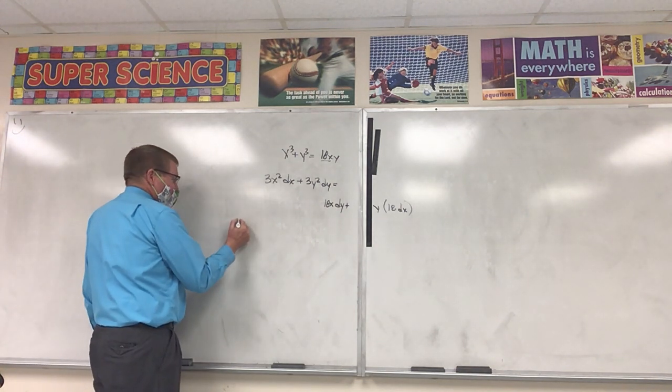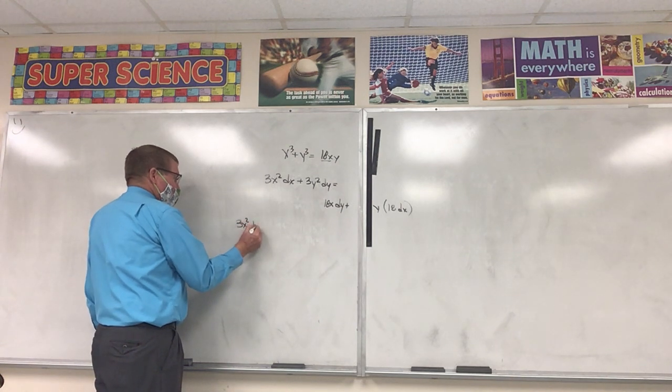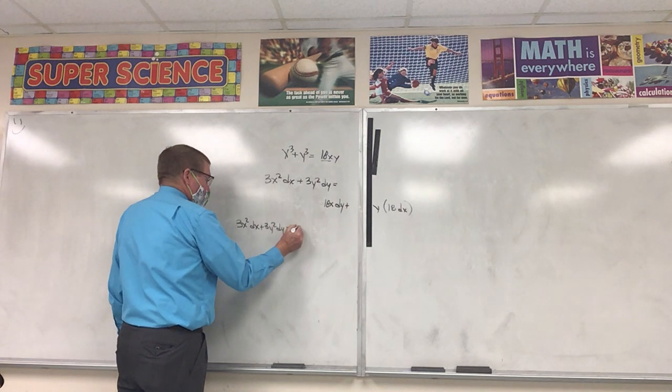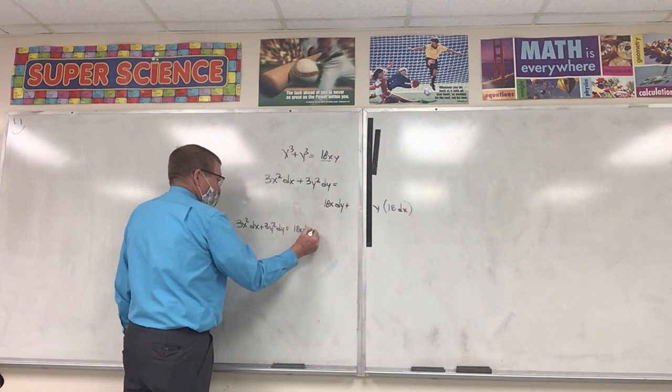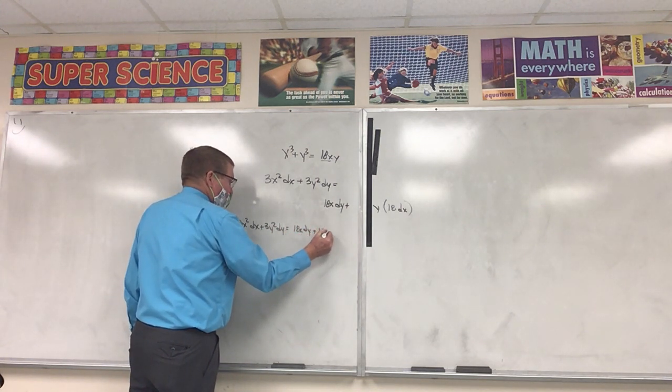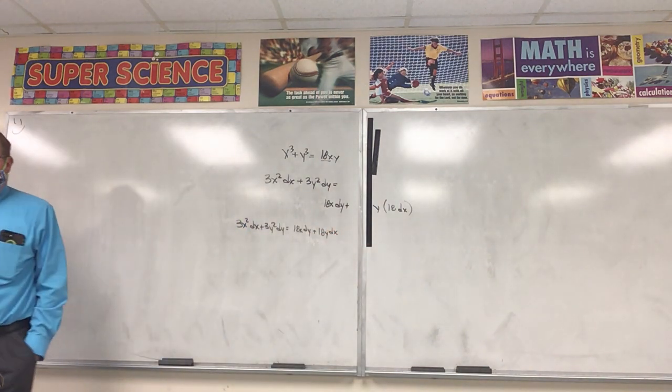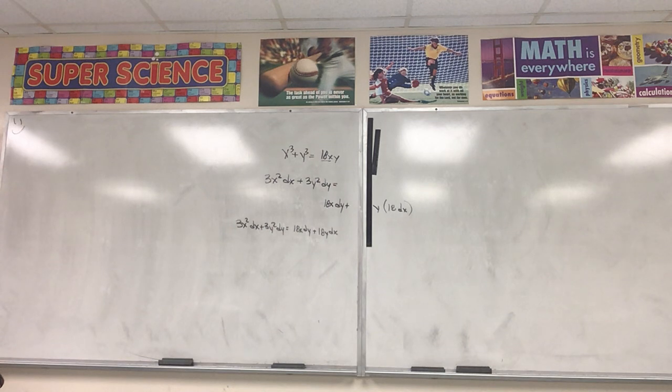When I simplify this out, I get 3x squared dx plus 3y squared dy equals 18x dy plus 18y dx. I'm going to do just like when I solved equations with multiple variables. I'm going to get the same terms on the same side. So I want all my dx's on one side and all my dy's on the other side.